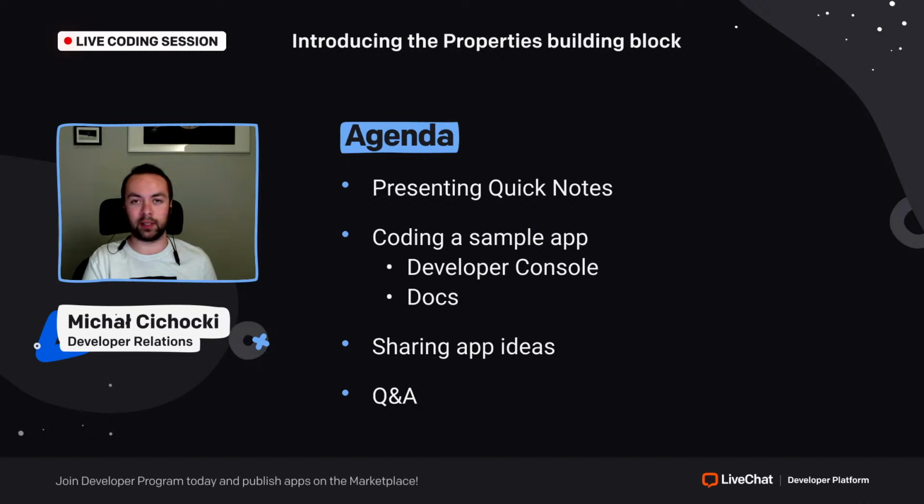Then we will be creating our own app that uses properties. I'm going to show you how to create a properties building block, how to use it. Then share a couple of ideas for you, so you could create an app for your own. And as always, in such sessions, we will end with a Q&A.